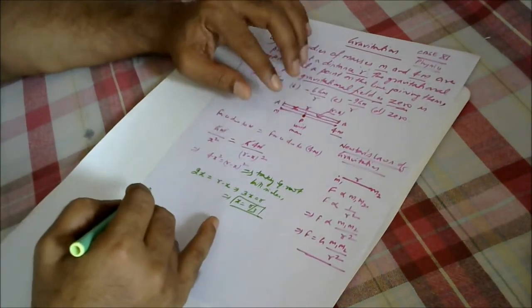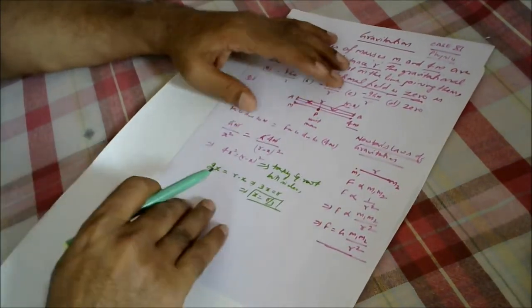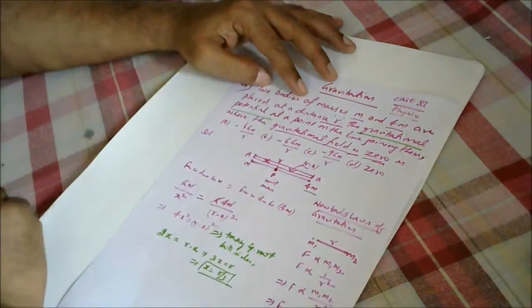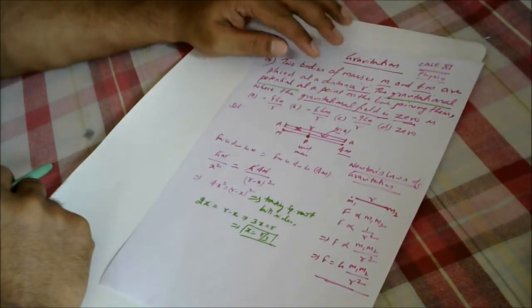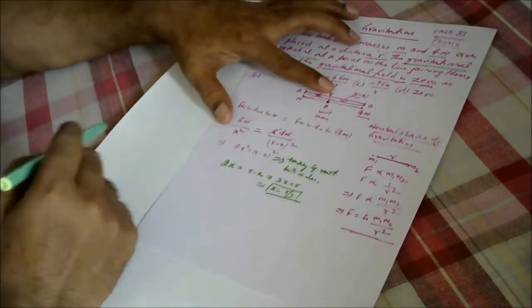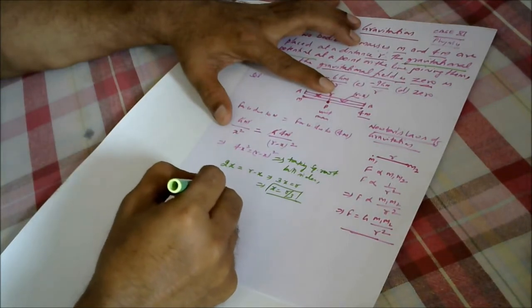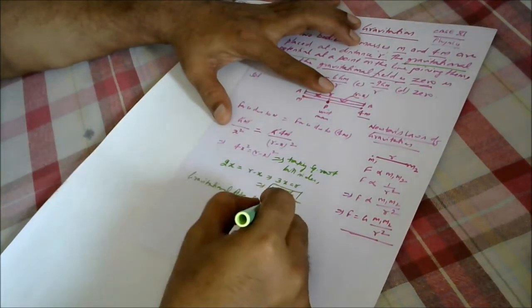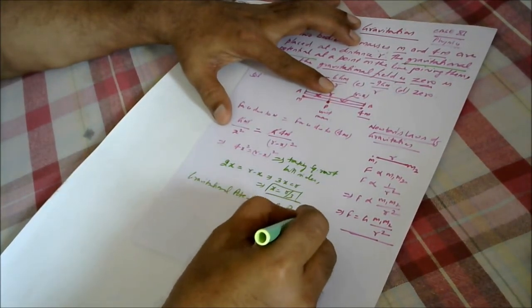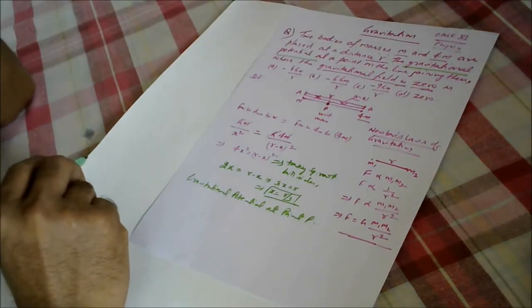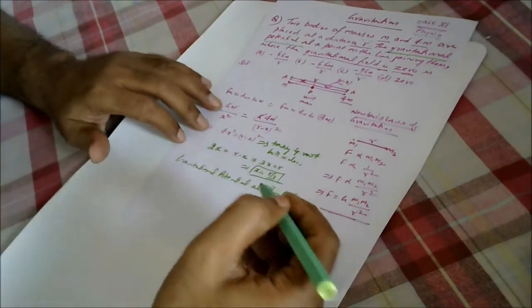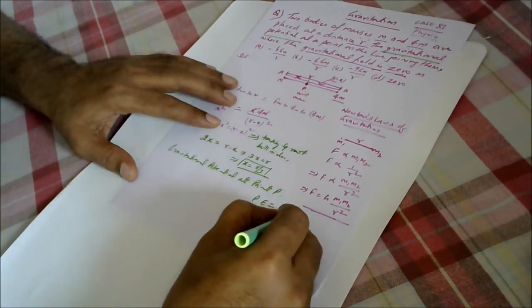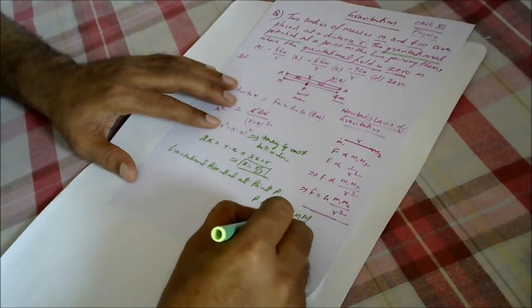Right. Now we need to find the gravitational potential at this point P. We know the formula for potential energy is minus G m and m by r.